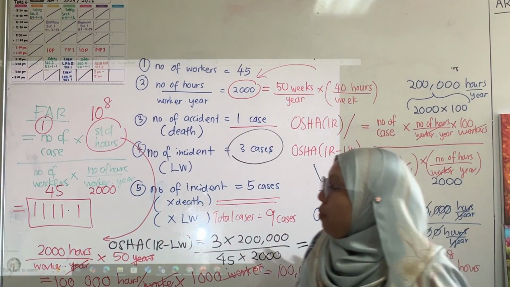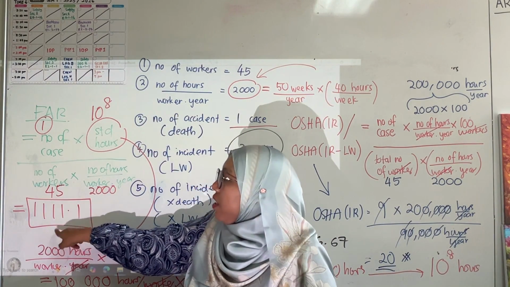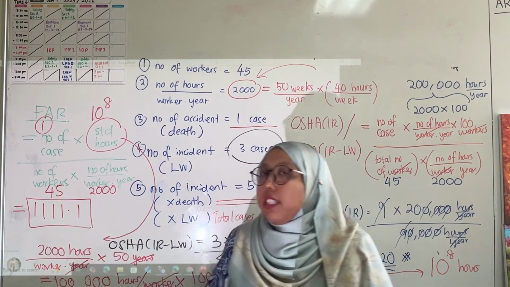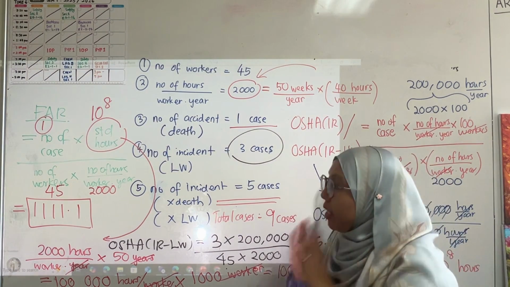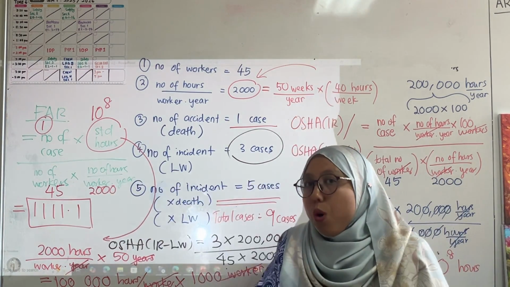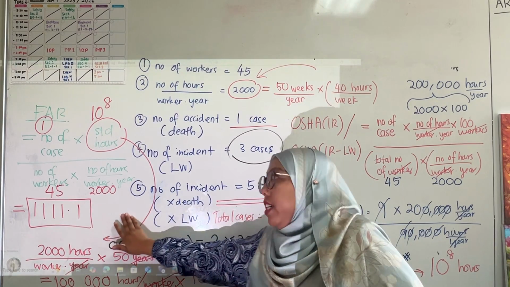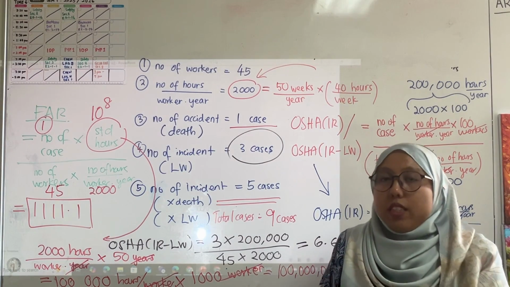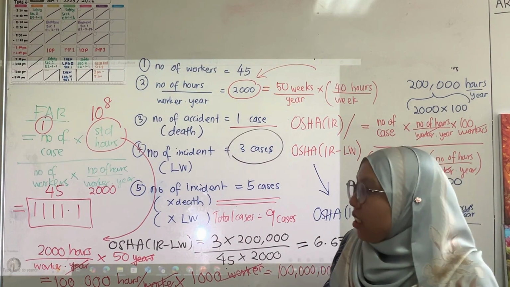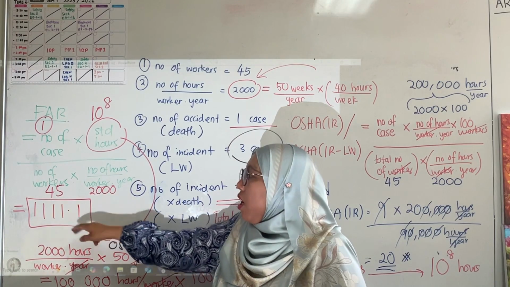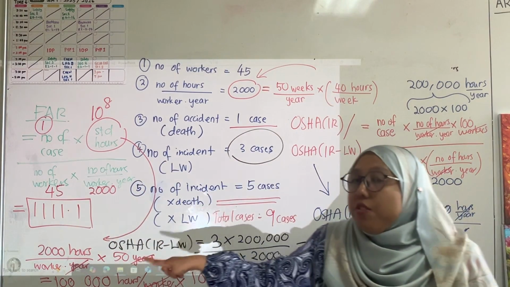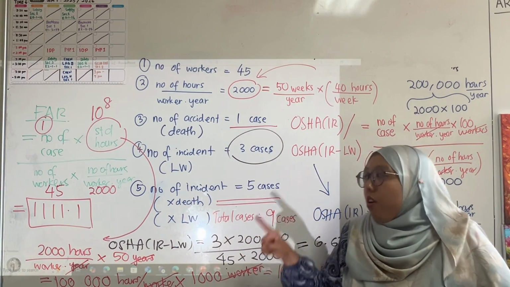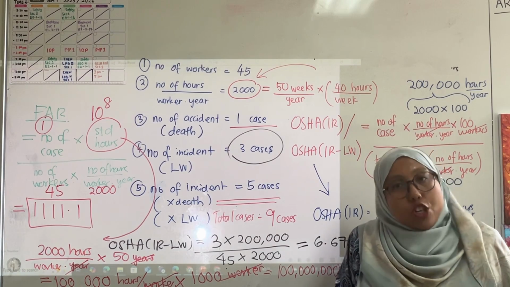It is not that when you have a FAR of 1111.1, this number of incidents happens in a year. No. It means that if you prolong your operation for 10 power of 8 hours, or 100 million hours, it is expected that you will have about 1111 fatality cases in your company.